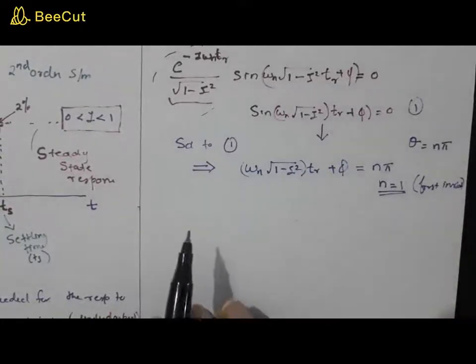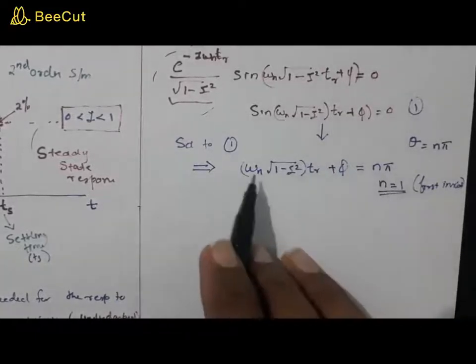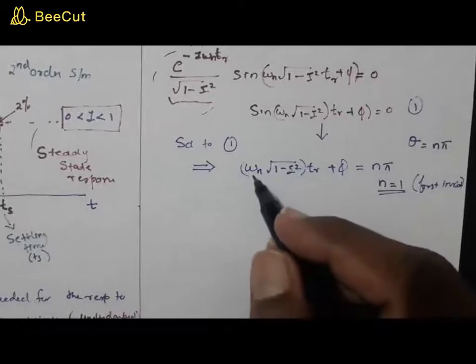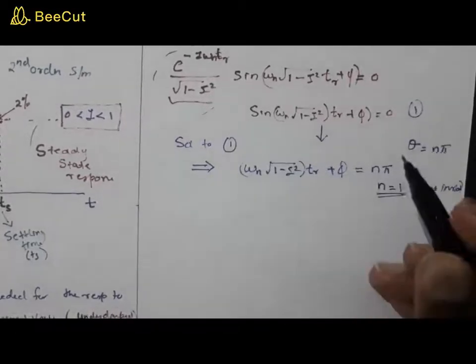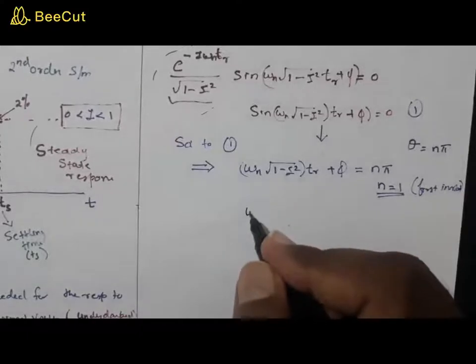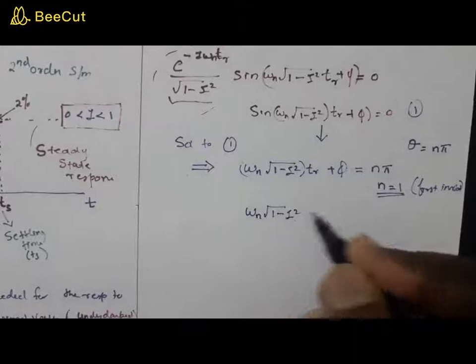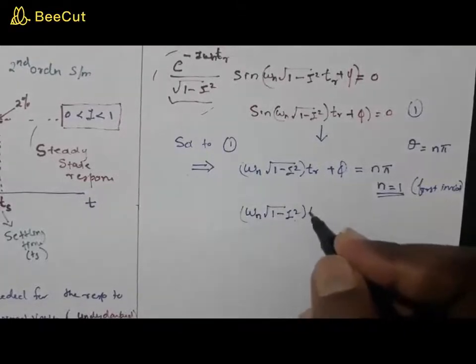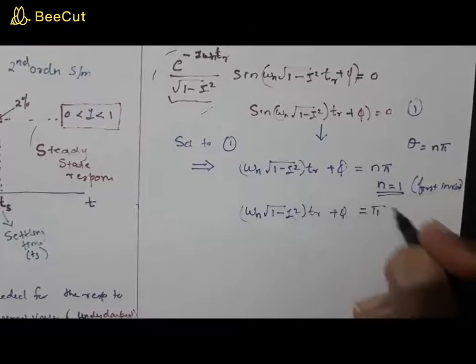We also need this. Your n pi, this n and this n have nothing to do with each other. This omega n refers to the natural oscillation. So this n becomes equal to 1. That means omega n into root of 1 minus theta square into tr plus phi is equal to pi, right?